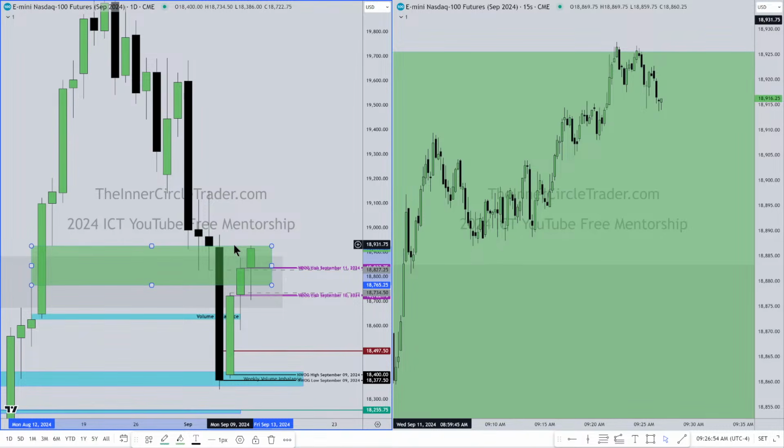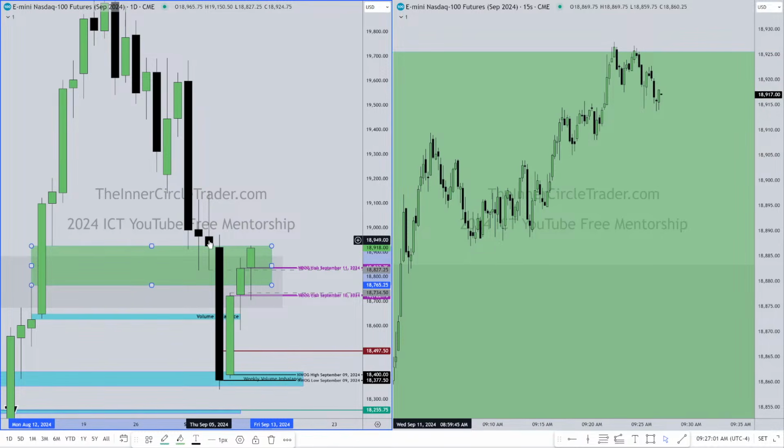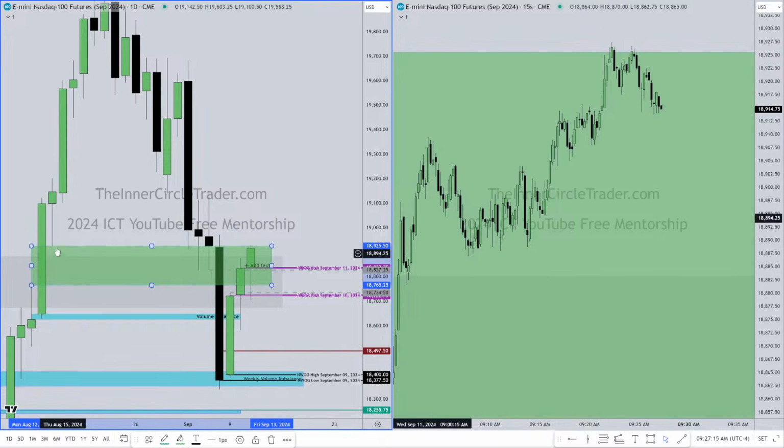And there's a small little inefficiency in the form of a volume imbalance between this candle's close at 924.75 and the open at 21 even. So they accomplished both here, trading to the candlestick's low here and repricing to that volume imbalance.